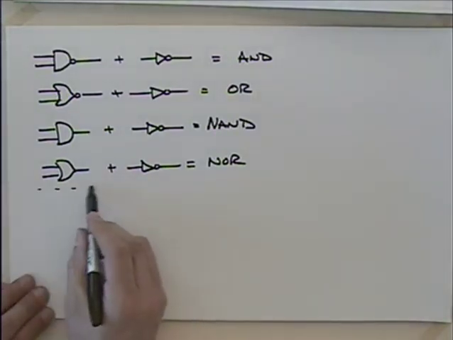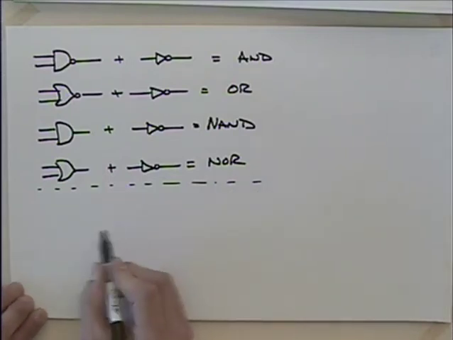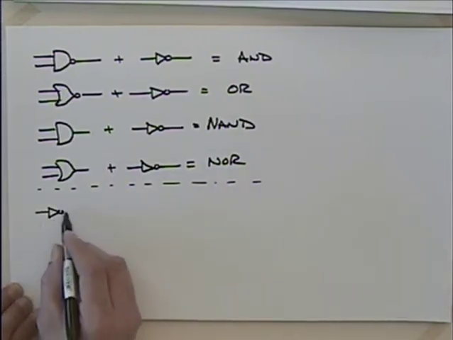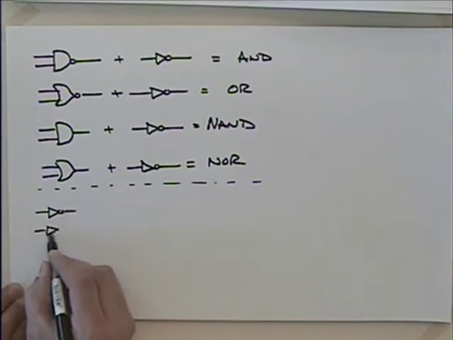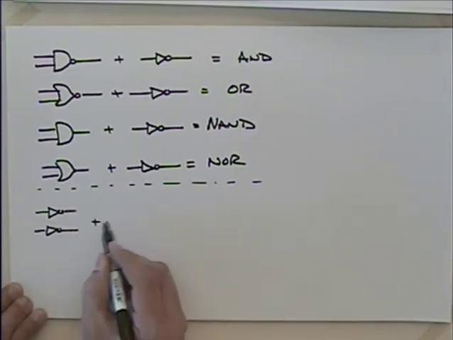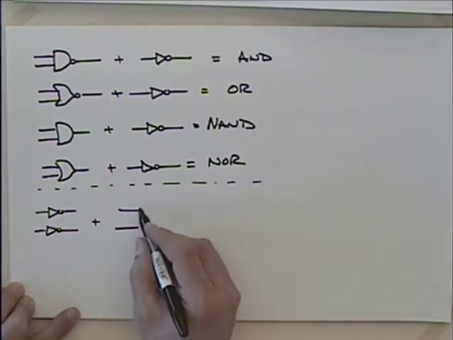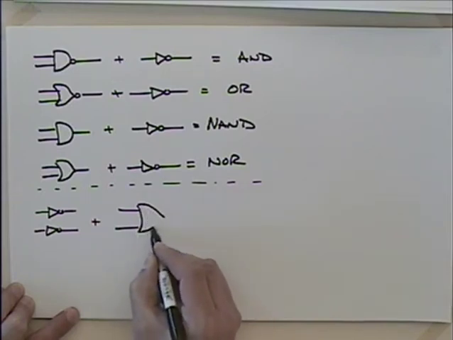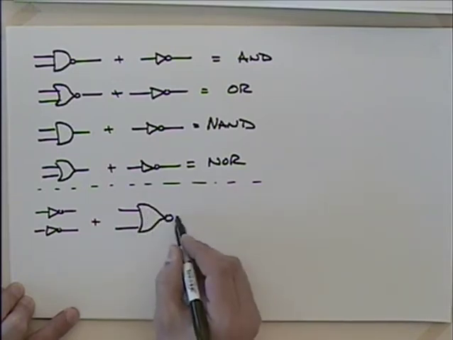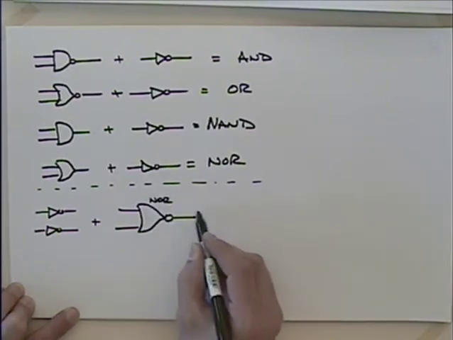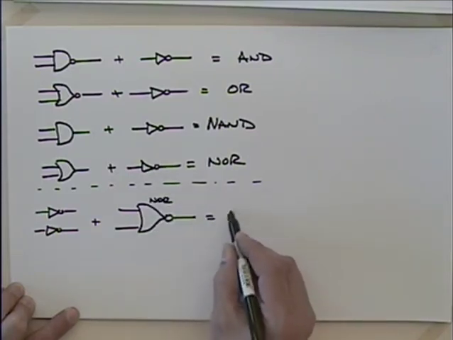Let's look at what happens when I put inverters on the input. So I take my inverters, take two of them this time, and I add those to the input of a NOR. Okay. So that was a NOR, and that's going to then get us an AND.